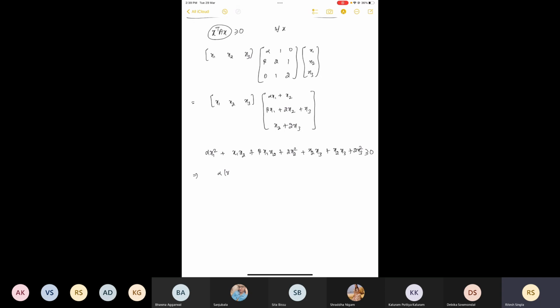This implies alpha x1 squared plus (beta plus 1) x1 x2 plus 2 x2 squared plus 2 x3 squared plus 2 x2 x3 is greater than or equal to 0, isn't it? Yes, sir.